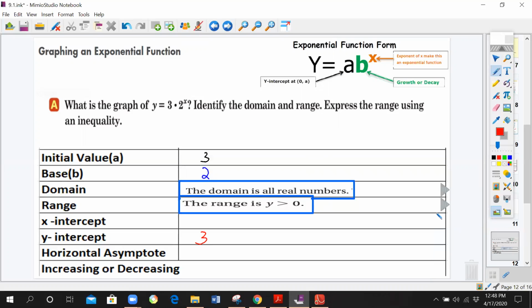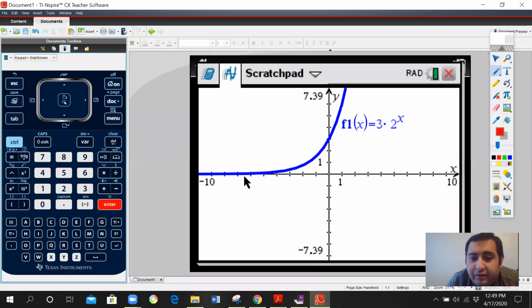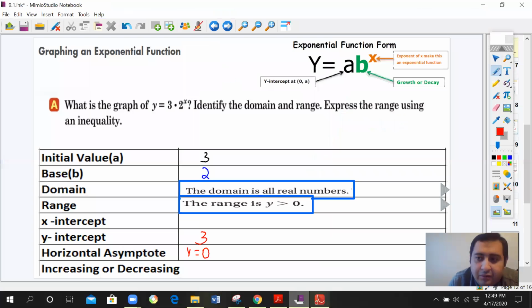Again, I'm having a little bit of technical issues. Okay. Your horizontal asymptote, we already know it's y equals 0. Is it decreasing or increasing? All right, this line is going upwards, so it's going to be increasing. So in this case, we're going to select increasing. All right, for x-intercept, it's none.